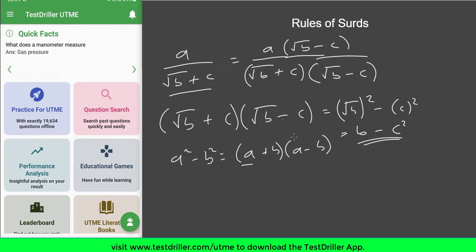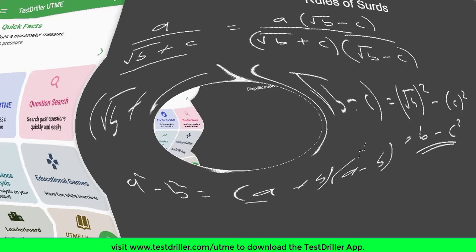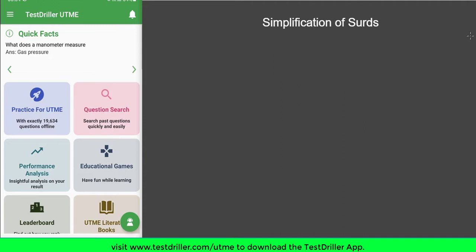Now that we've talked about the rules of surds, let's dive into simplification of surds, and we're also going to solve a lot of questions on that. Whenever you are asked to simplify a surd, what they are asking you to do is to break it into a smaller form or to rationalize it.